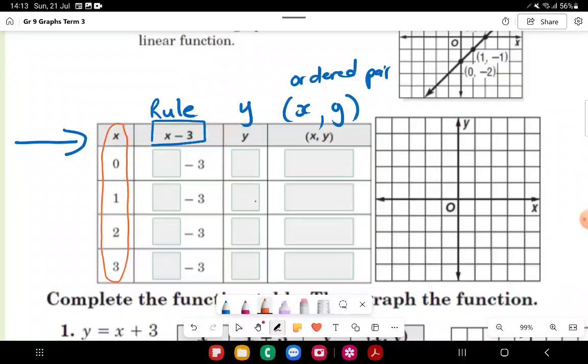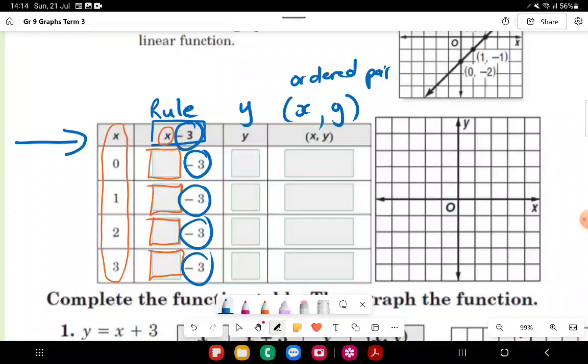You are then going to copy the rule. Notice that the rule says x minus 3. So where x is, I have an orange placeholder, an orange placeholder, an orange placeholder and an orange placeholder. This stays the same. It does not change. Everything stays the same except x, and we substitute.